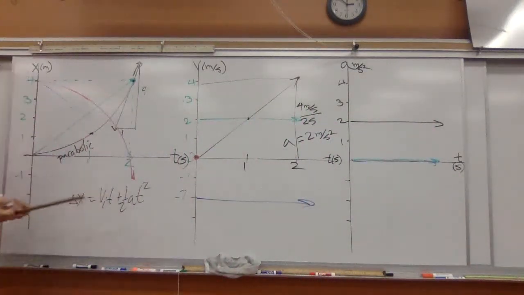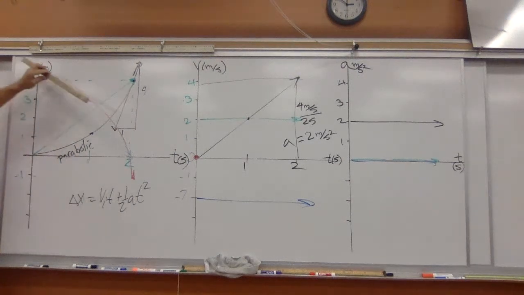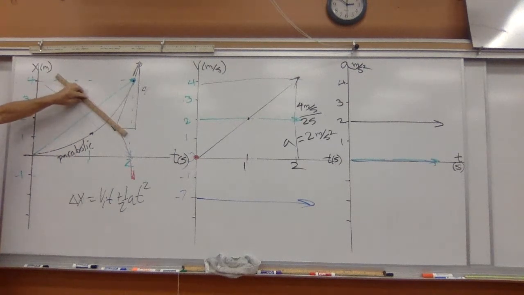Again, let's take it at 1. If this is the same graph, just a different orientation, at 1 second, what is the slope of that line right there? -2.